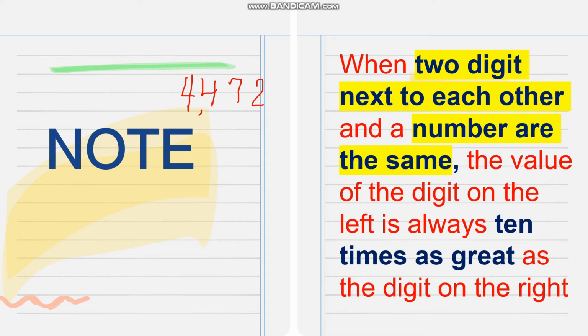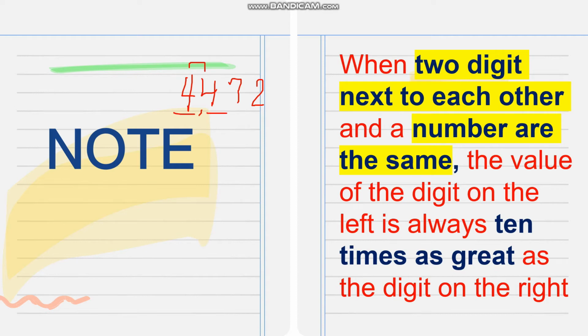And the question is, you're going to find the relationship between the first 4 and the second 4. Now, is the first 4 10 times as great as the second 4? Yes. Why? Because they are next to each other and the numbers are the same.